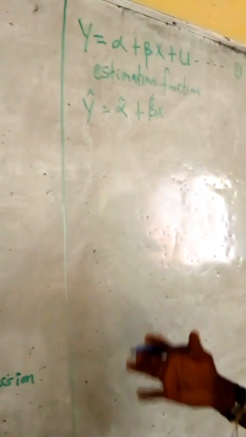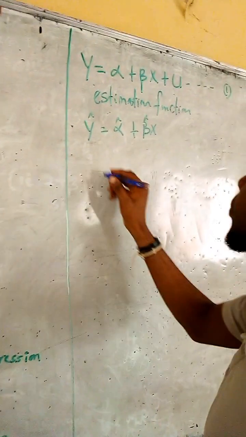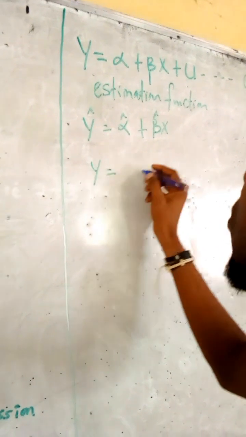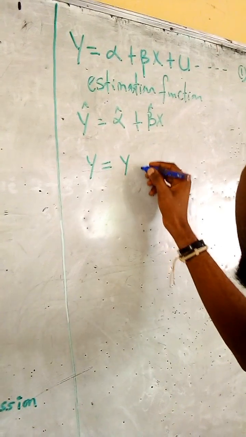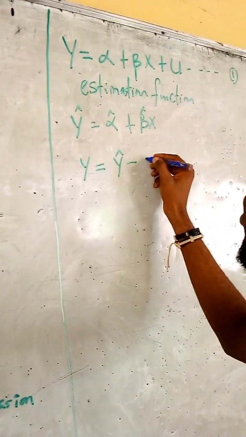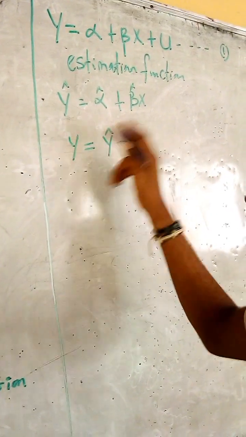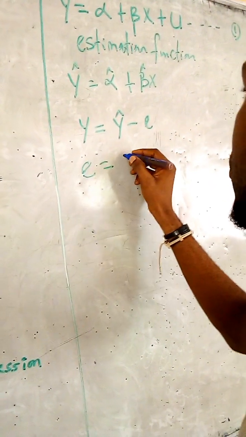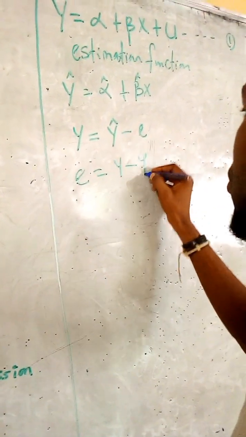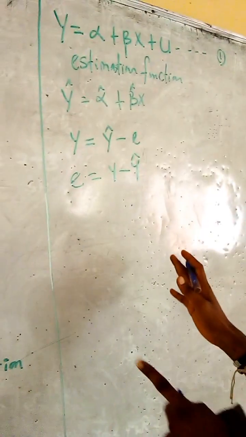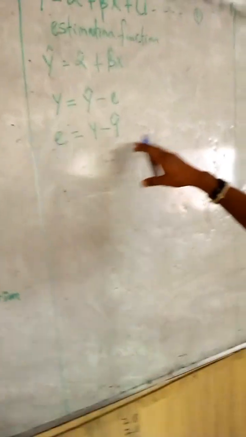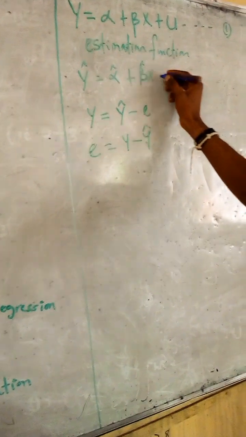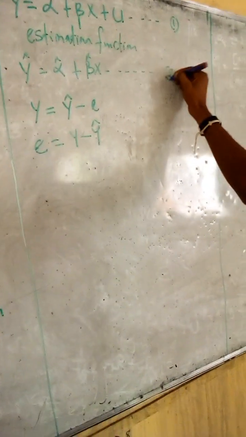And then the next step, we are taking it gradually, is that you say y is equal to y cap minus e. And then make e the subject of the formula by bringing e here. e equals y minus what? y cap. Are you following? Now the next step from this is to look at this and say this is your equation 2.